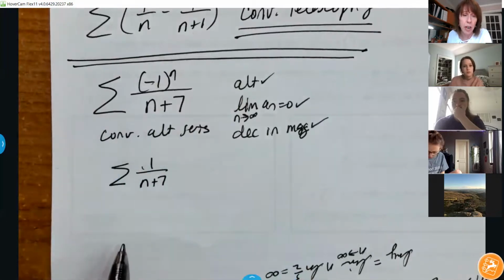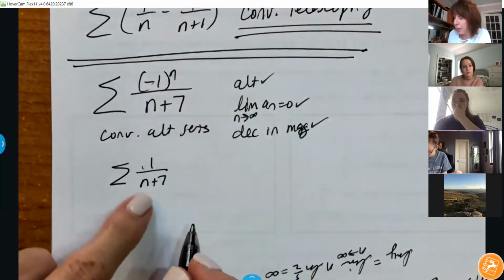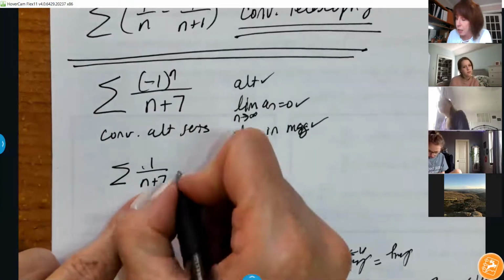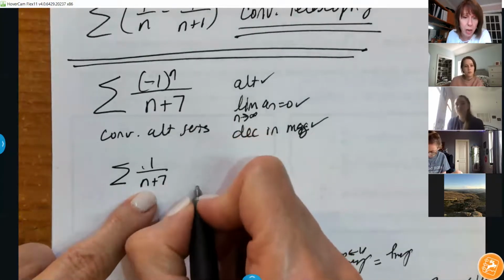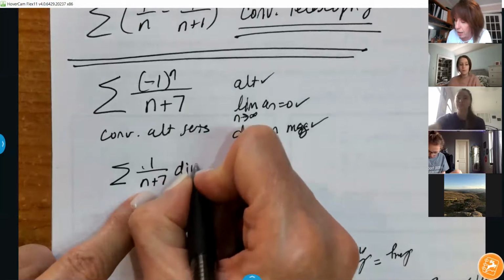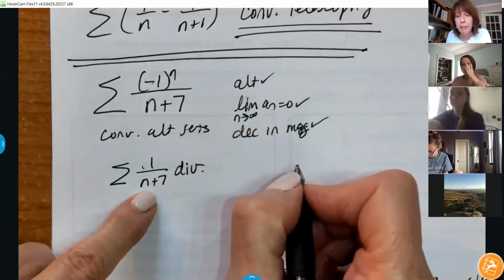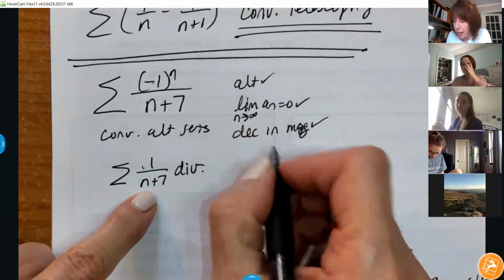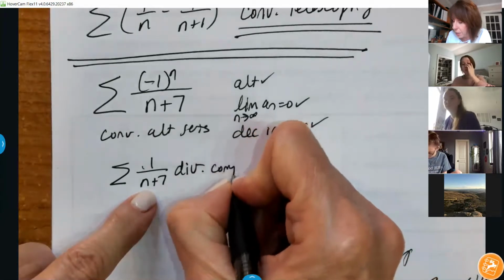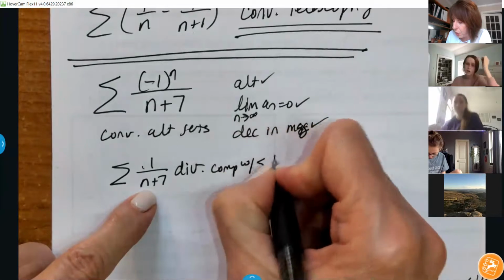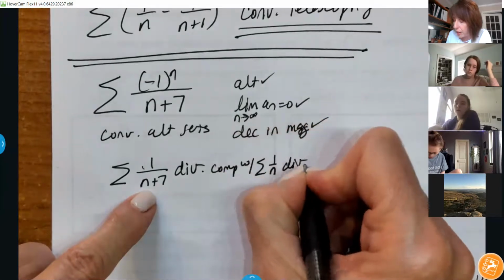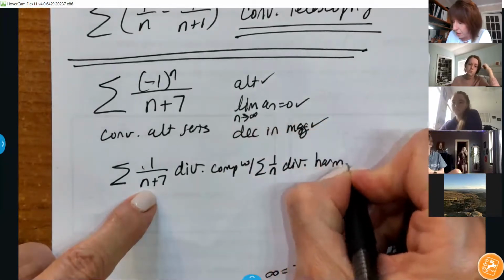Does that converge or diverge? Well, without the -1, it compares with 1 over n, which diverges. So this is diverging. And if I had to say very briefly why, I would say compare with 1 over n, diverging harmonic.